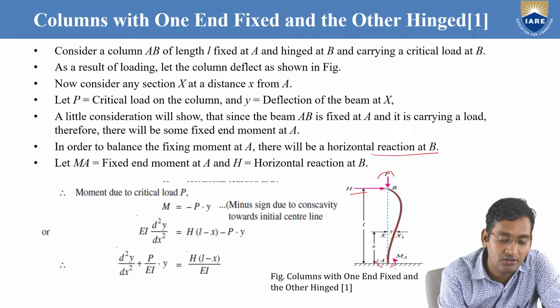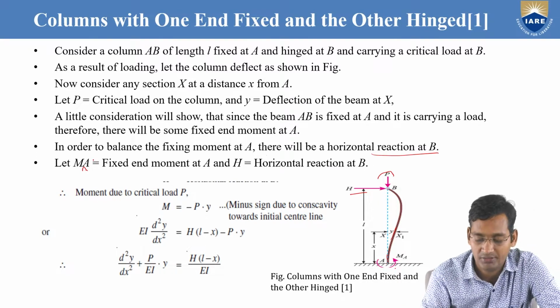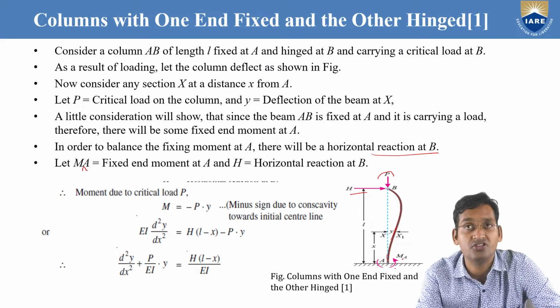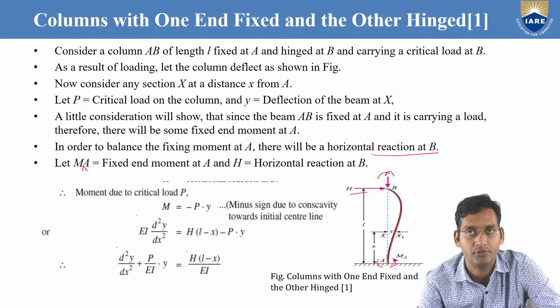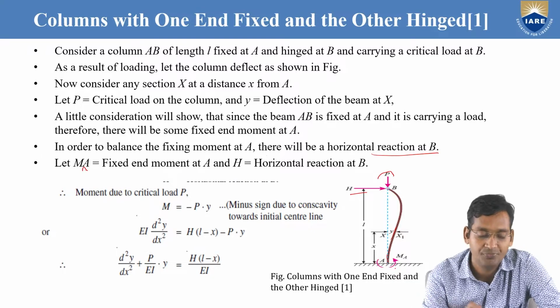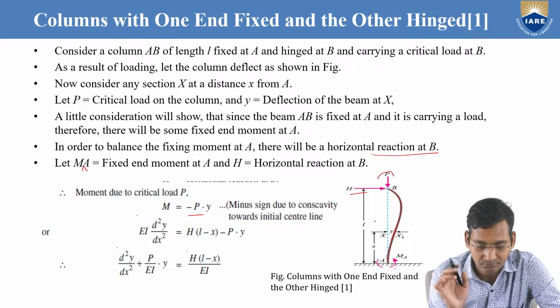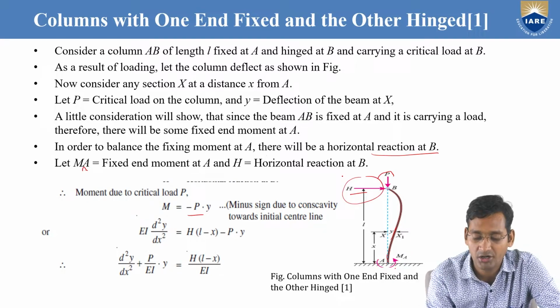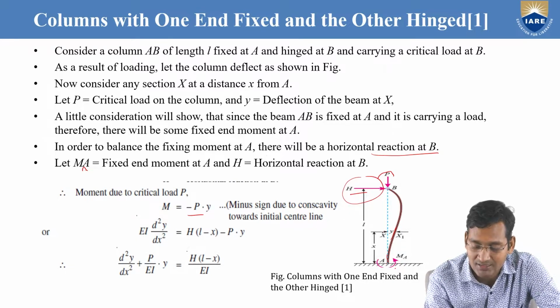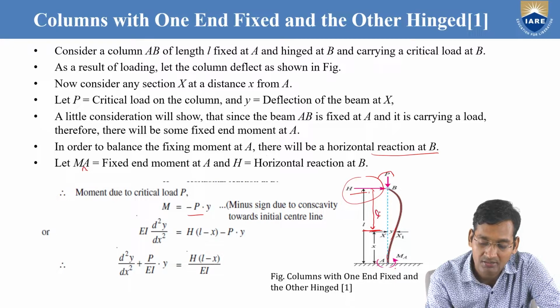Let M_A be the fixing moment at A, and H the horizontal reaction at B. Whatever the figure shows, you have to write. Next, the moment due to the critical load P is minus Py, because it is concave. The moment because of the force H: the total length is L and up to this point is x, so this distance is L minus x.